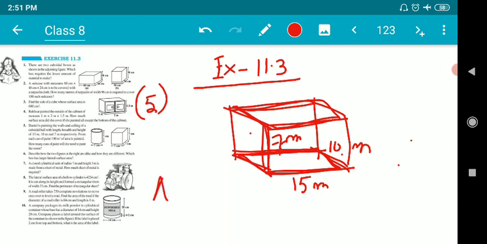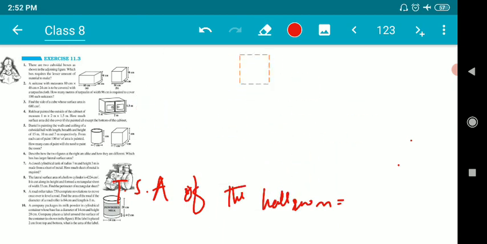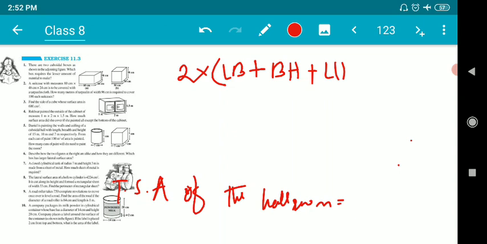So the total surface area, TSA, of the hall room is equal to, the formula is 2 into (LB plus BH plus LH).